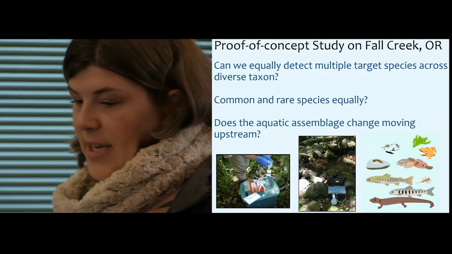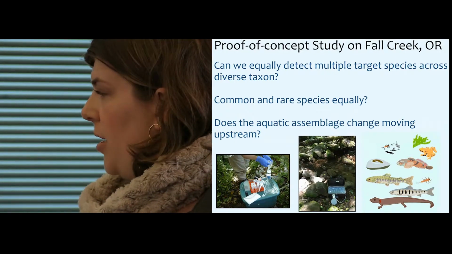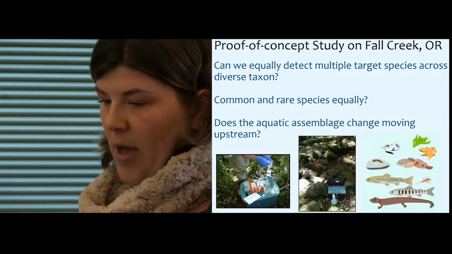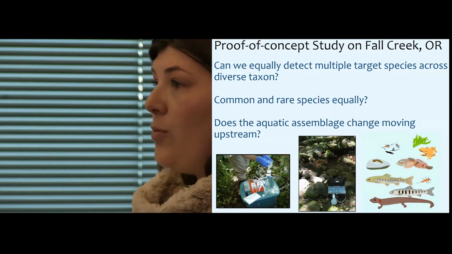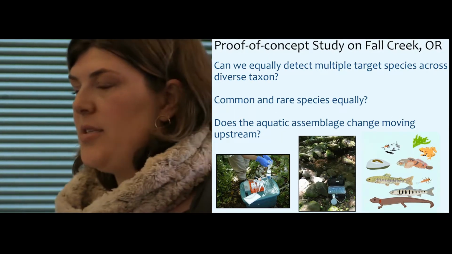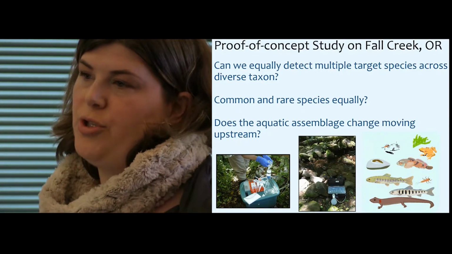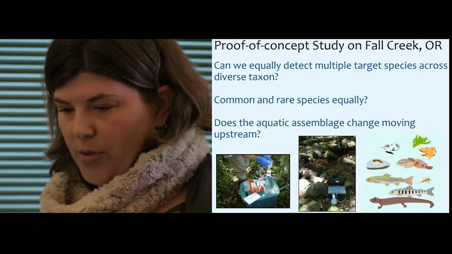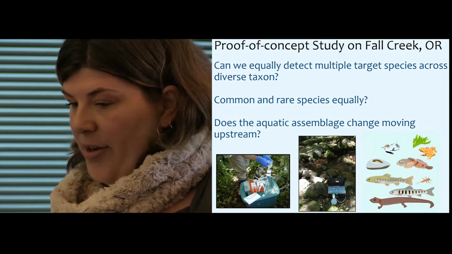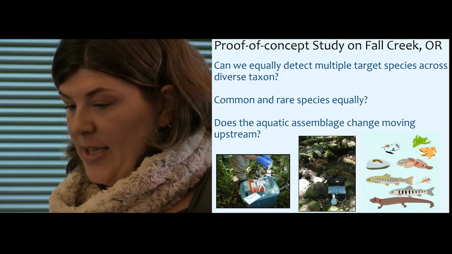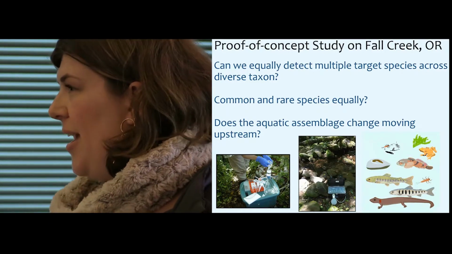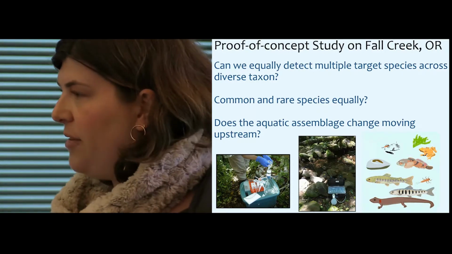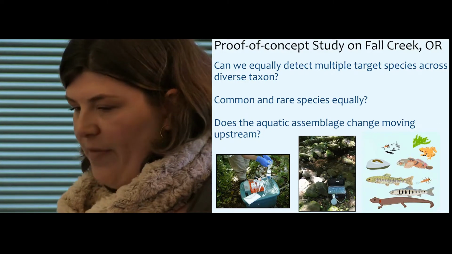So our proof of concept study was done on Fall Creek in the Alsea Basin in Oregon, and we wanted to just answer really general questions to understand how this approach would compare to what we expected. So we wanted to understand whether we could actually detect multiple target species across the diverse taxa. So essentially, can we detect fish as well as we can detect amphibians and as well as we can detect crayfishes?